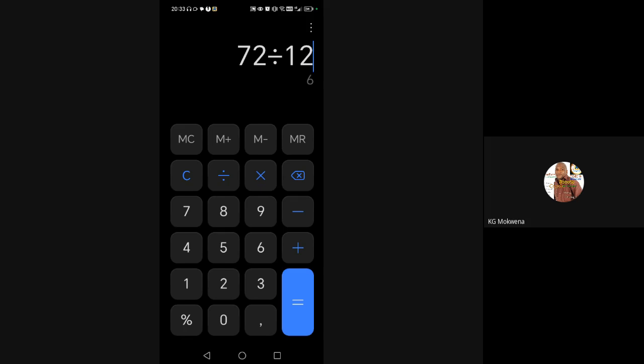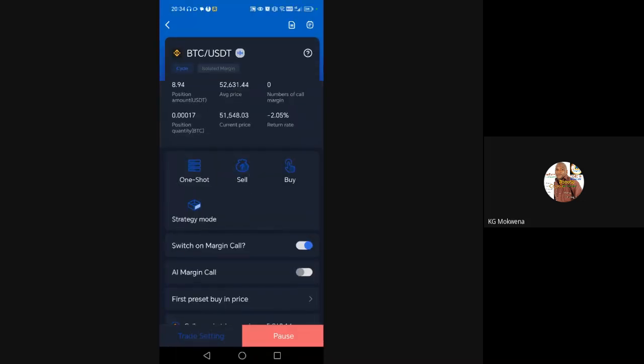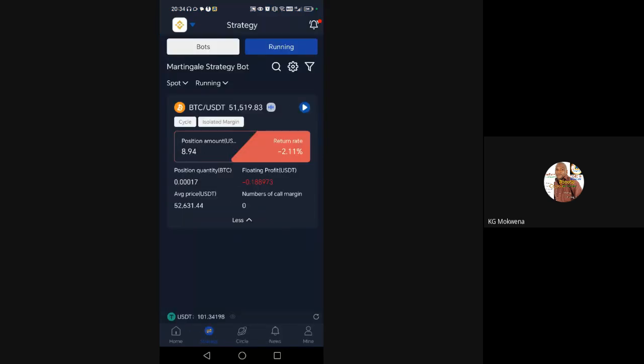So now let's go and open Bitcoin for more capital. Let's go to Bitcoin. We're going to Royal Q now. On the Royal Q side, you will click on trade setting at the bottom. Trade setting, yes.